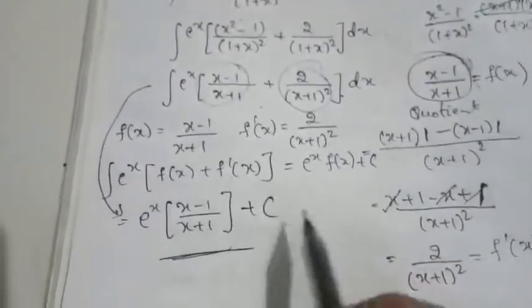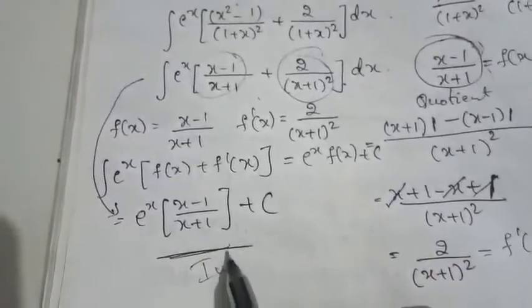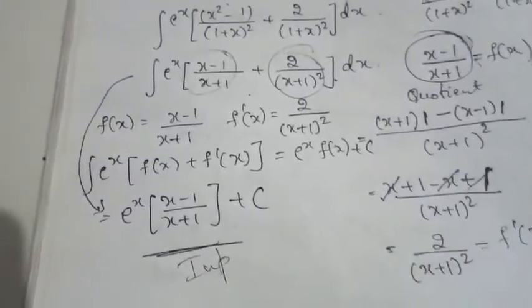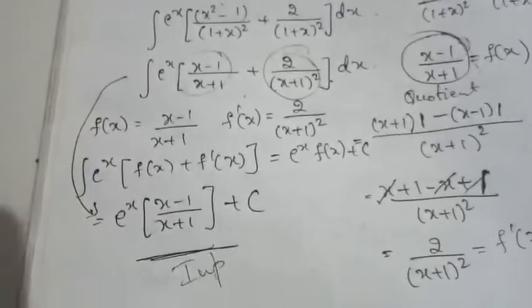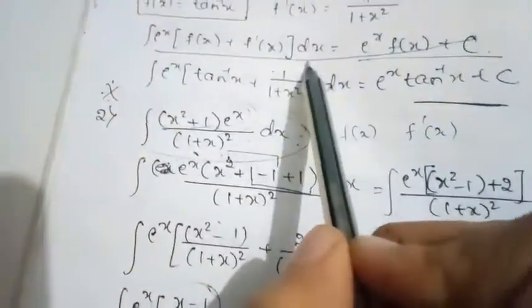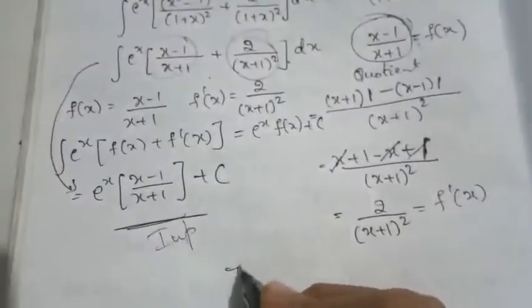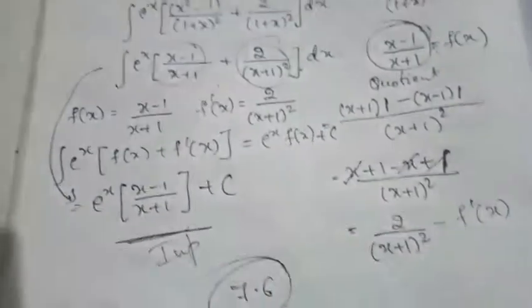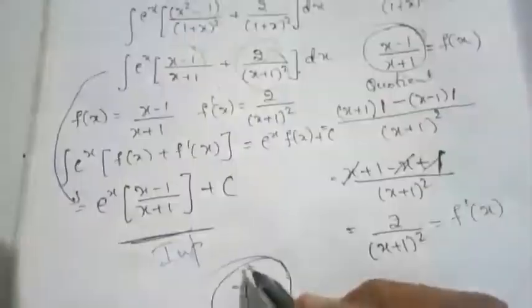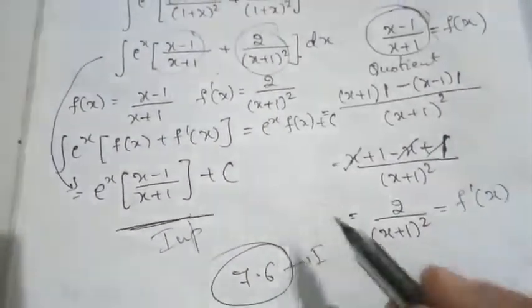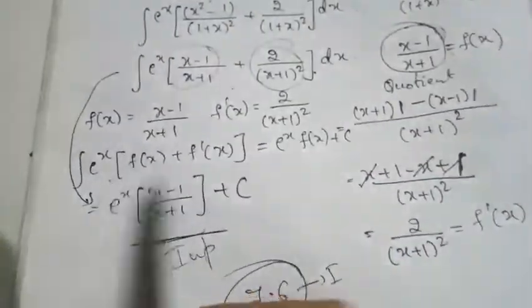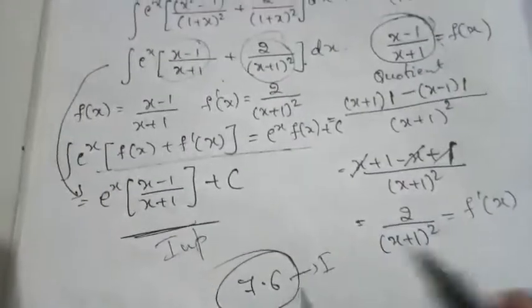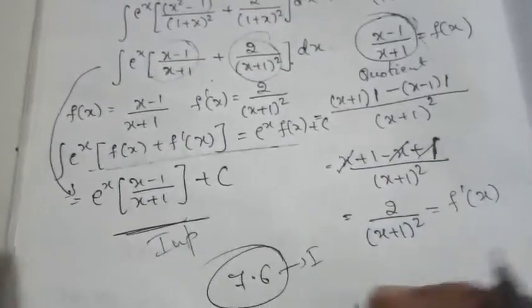In this integration by parts method, we are dealing with how to solve the question based upon integration by parts and this type of integral. So the whole exercise 7.6 is based upon solving questions through integration by parts and this type of integral. You will get thorough with the idea of those things.